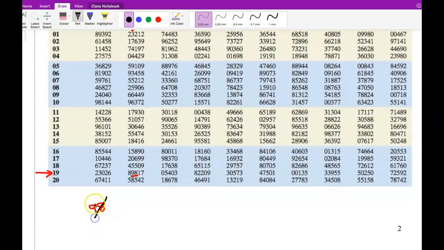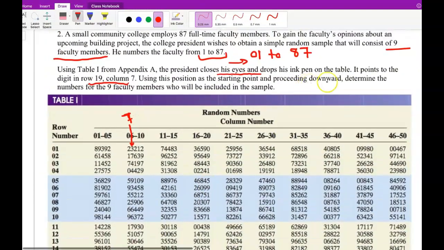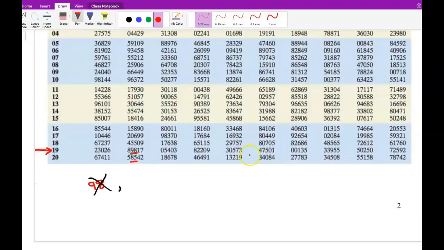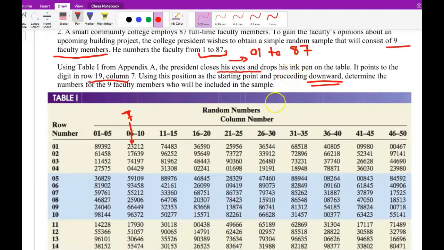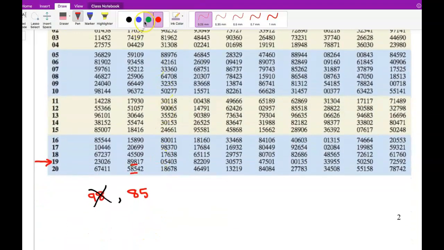This is not acceptable because it is greater than 87. Okay, next one. We're moving downward because it's asking us to go downward. The next one is 85, and this is less than 87, so we can accept this.